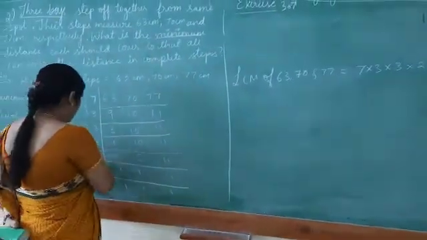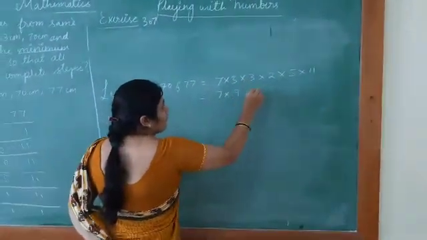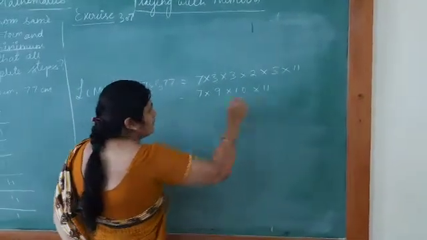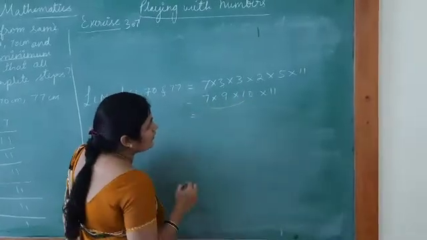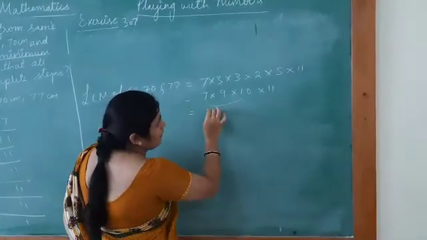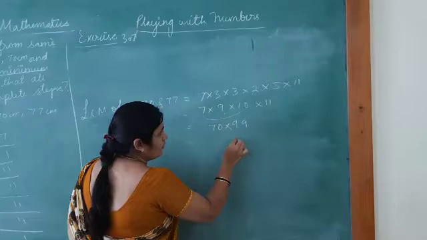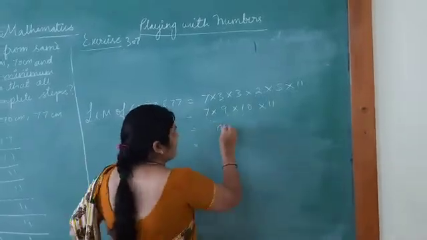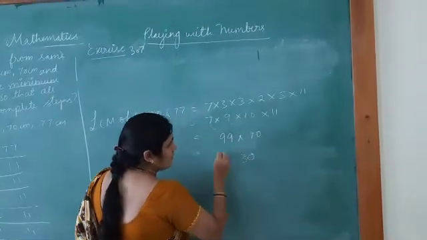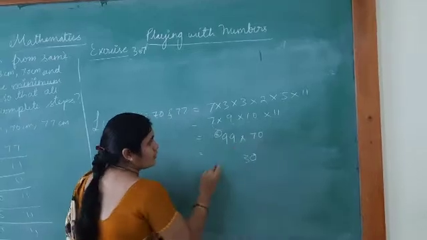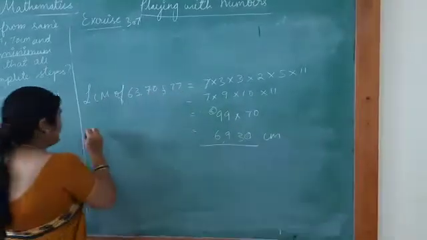Now write 7 into 3 3s are 9 into 2 5s are 10 into 11. You can choose the way which you feel easier. 7 10s are 70 into 9 11s are 99. Now 0, or you can say 99 into 7. 0 as it is, 7 9s are 63, 6 here carry, 7 9s are 63 plus 6, 69. So 6930 centimeter is the minimum distance.